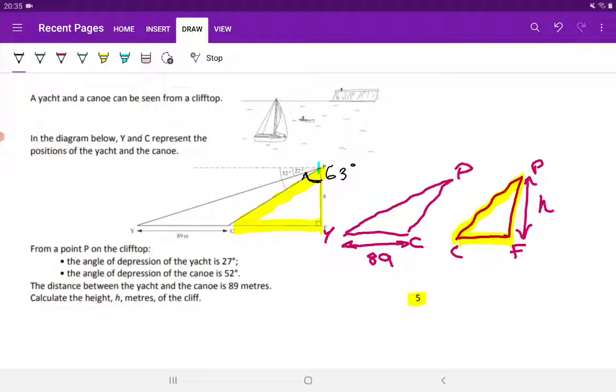So if we were using the big right angle triangle, we would use 63 degrees. Now, we're also told that from here to here is 52 degrees. So that helps us work out 2 things. The first thing is the size of just this little sliver of an angle. That pink bit there is going to be 52 take away 27, which is 25 degrees.